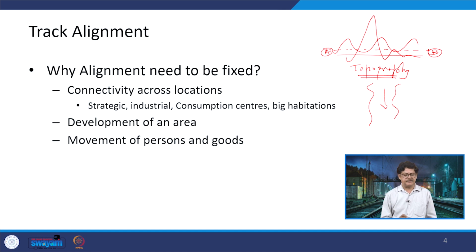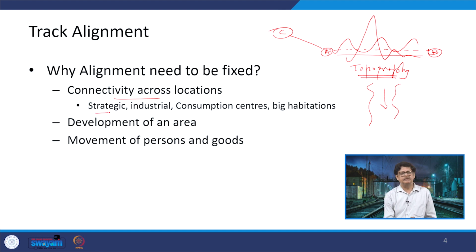So, the very first thing is that we need to connect different locations. Now, when we are trying to connect these locations, why do we want to connect A and B, why are we not connecting at this moment A and C? That is also an important issue, and that is where the different purposes will come into the picture.